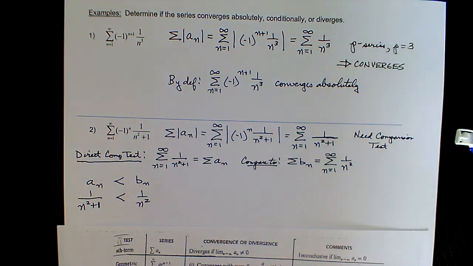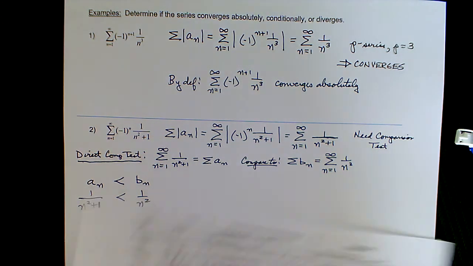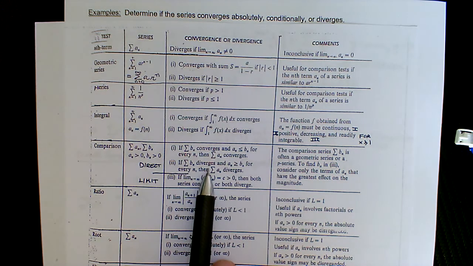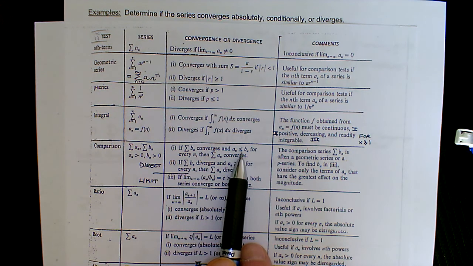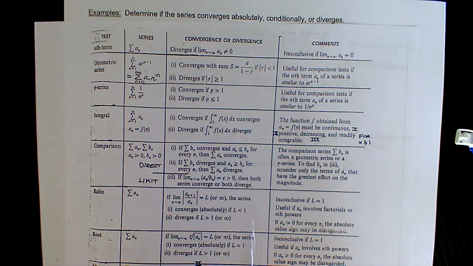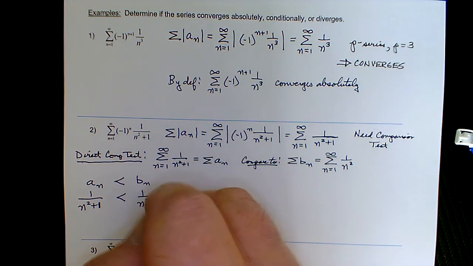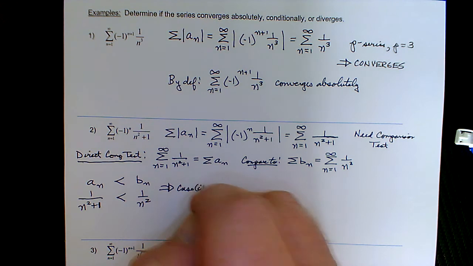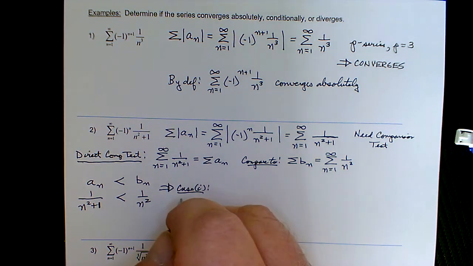But then also recall that with the direct comparison test, the sense of the inequality tells you which test you're using. Under the comparison cluster, either I or II, and when a sub n is less than b sub n, it's case I. So this tells us case I, which is the convergent case.